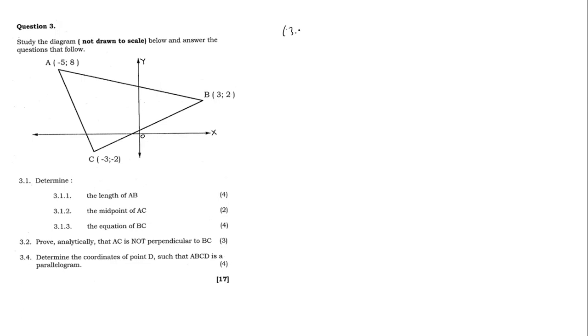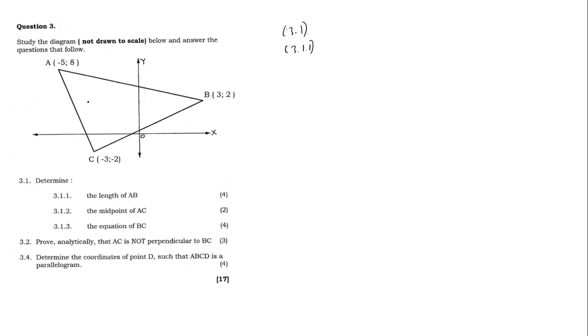Right. So 3.1, it says to us, determine, we're going to do 3.1.1, determine the length of AB. Think of all of the basics that you have learned under analytical geometry. You have learned the distance formula, the midpoints, all of those things, the properties of your quadrilaterals, properties of your triangles.